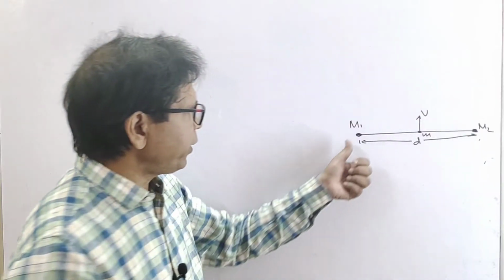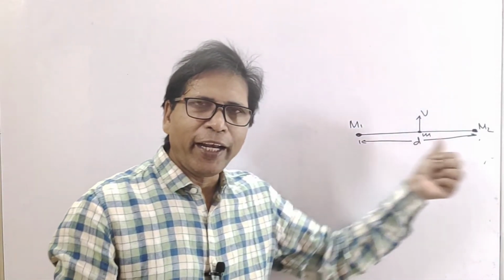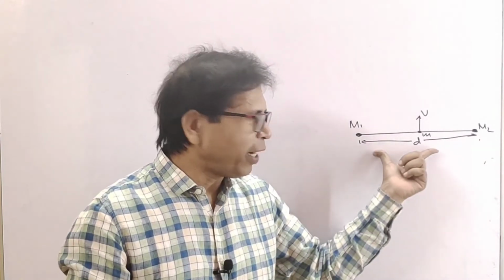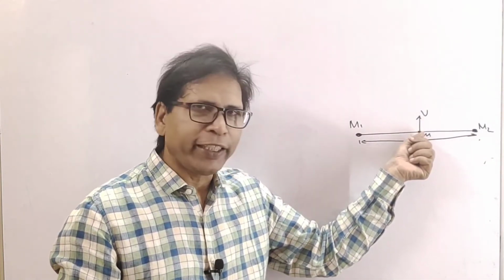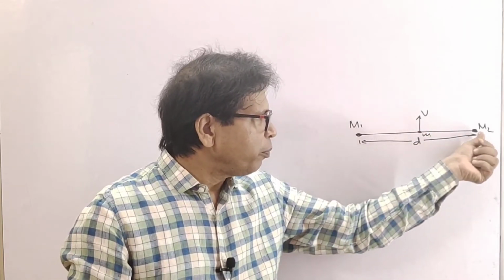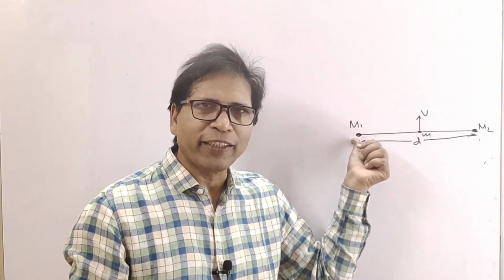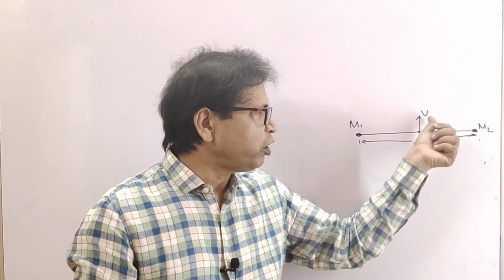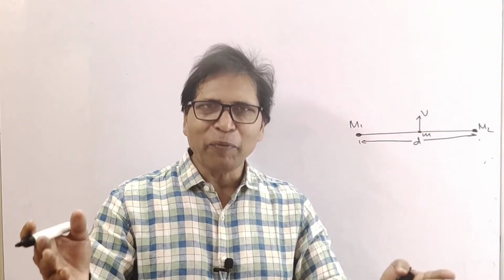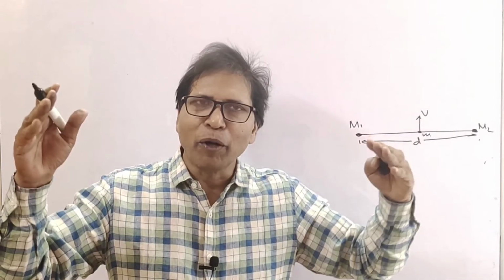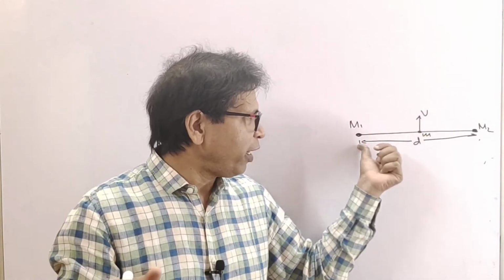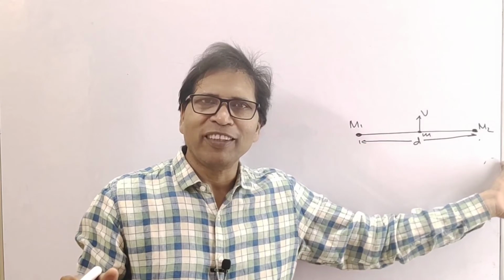Okay. Look at this, masses m1 and m2 are separated by the distance d. A small mass m is projected from the midpoint of the line joining the two masses with velocity v. Now we have to calculate the v such that it escapes from the gravitational pull of m1 and m2.